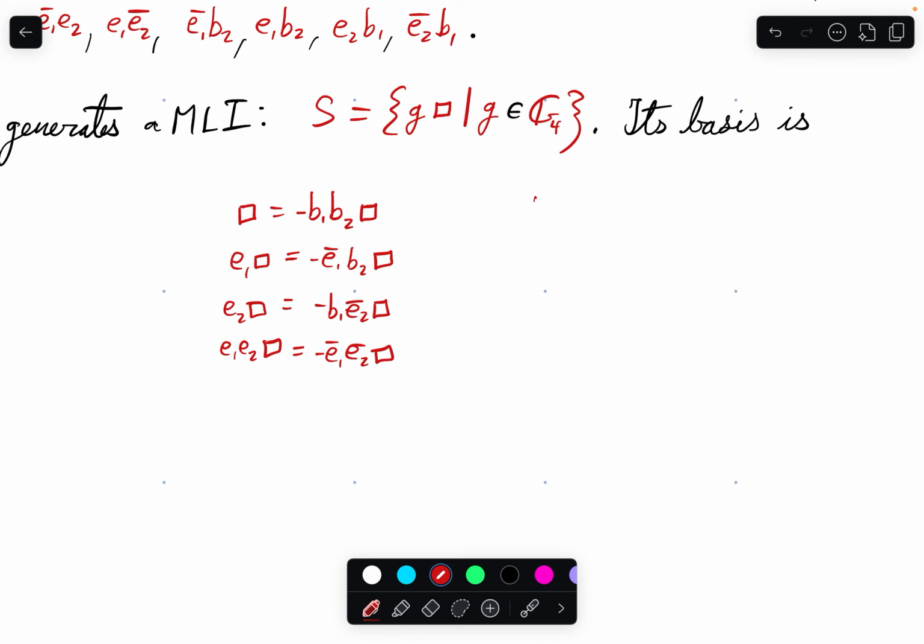And then we have B1 box, E1 bar box, E2 bar box, and E1 bar E2 box. This is just equal to B2 box, E1 B2 box, E2 B1 box, and then E1 E2 bar box.